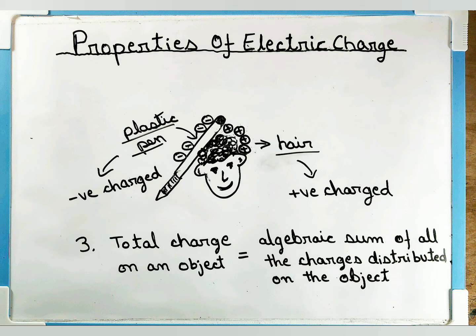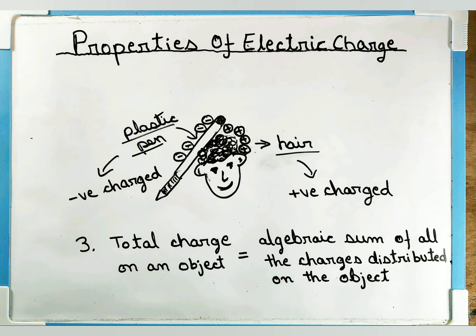Now the third property says that charge is additive in nature, which means that the charge in an object can be added. The charge in an object is equal to the algebraic sum of all of the charges which are distributed in that object.